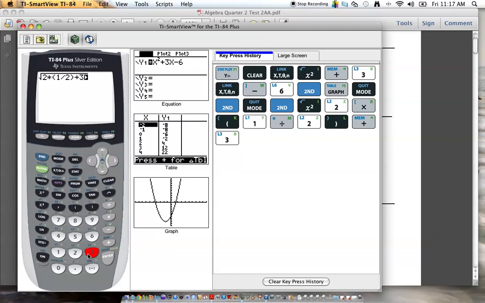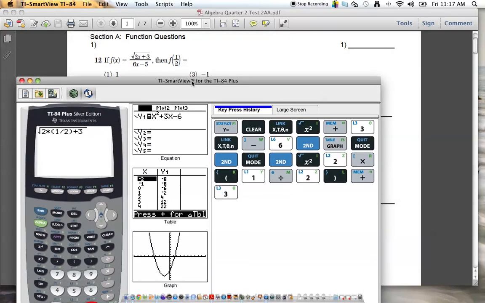Now, you might then be saying to yourself, oh, I have to stop. You don't need to stop. You can then just move it out of the square root symbol, then hit divided by, and then do everything in parentheses.